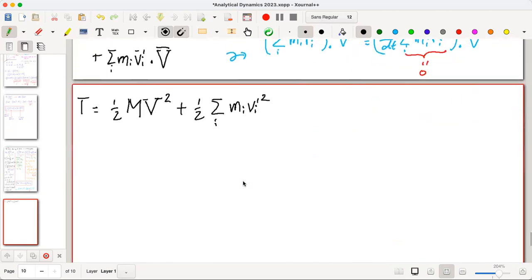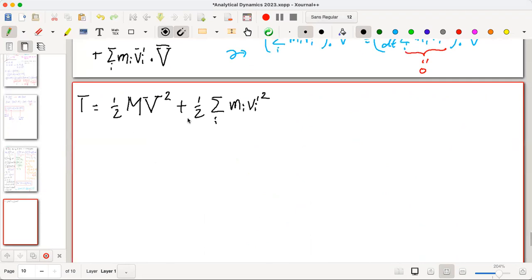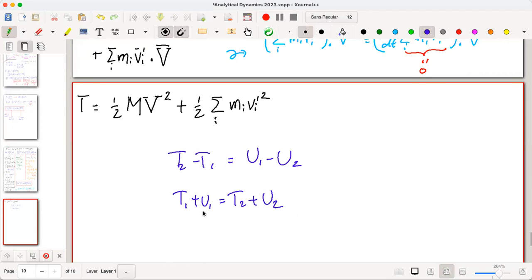So basically, we say that T2 minus T1 is equal to U1 minus U2. But then this again shows that T1 plus U1 is equal to T2 plus U2, since the total kinetic plus potential energies are the same for point 1 and point 2. In general, it should be the same for any other point.